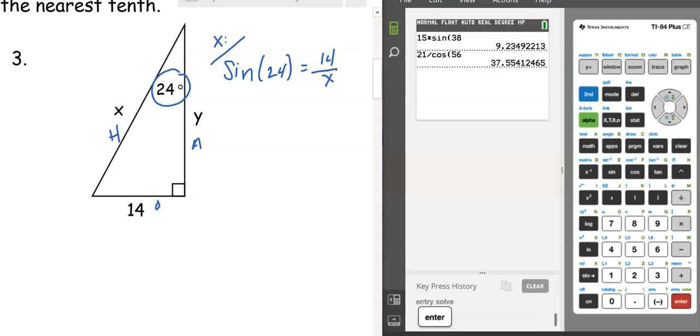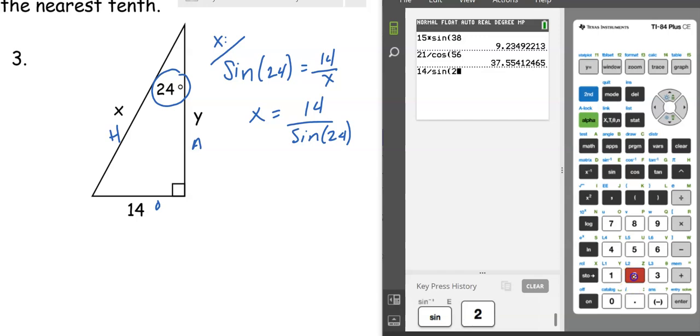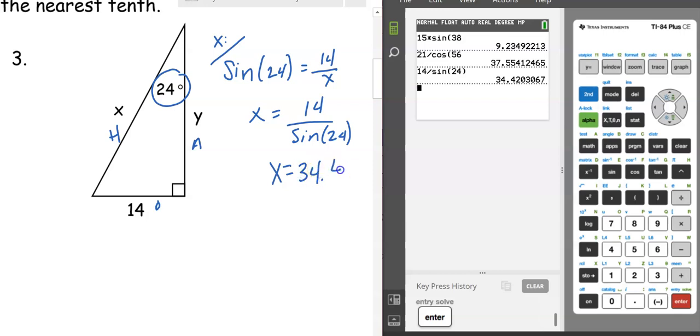Again, our variable's in the denominator, so you just go ahead and switch. And then if we put this into our calculator, we have 14 divided by the sine of 24. And x equals 34.4.